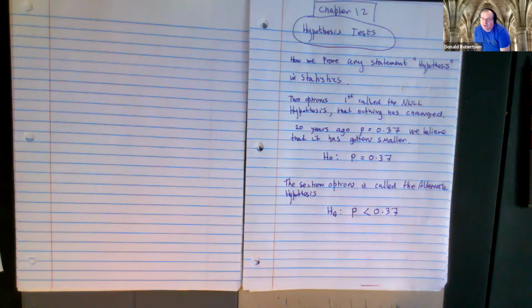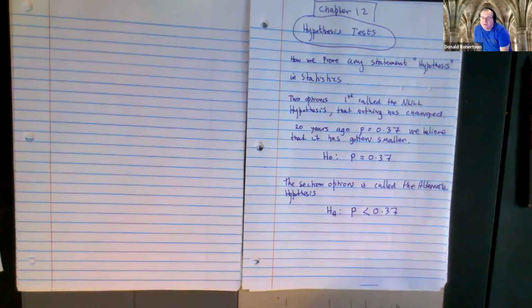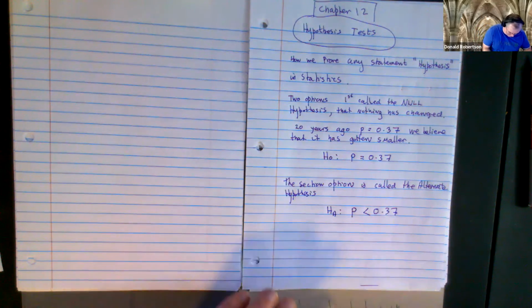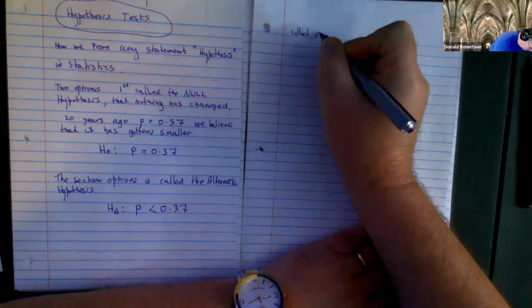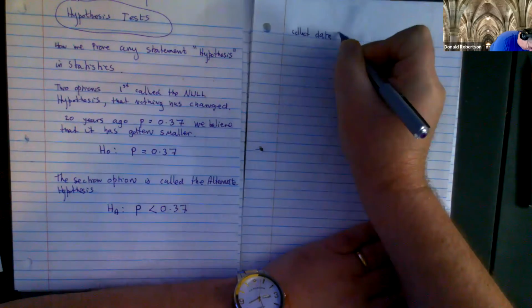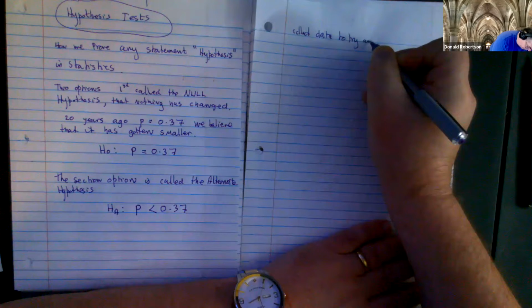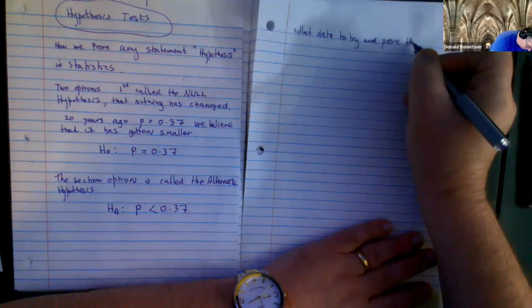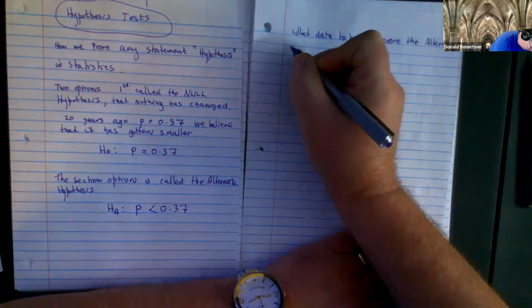And we're bringing it to the court and we're going to try and prove that this guy is true, right? So how do we go about that? Well, what we typically do is we collect data to try and prove the alternate hypothesis.